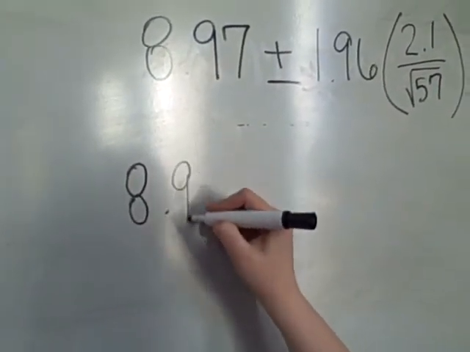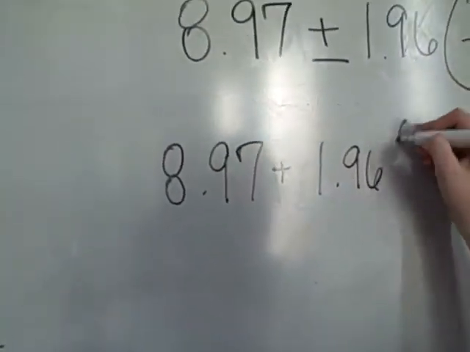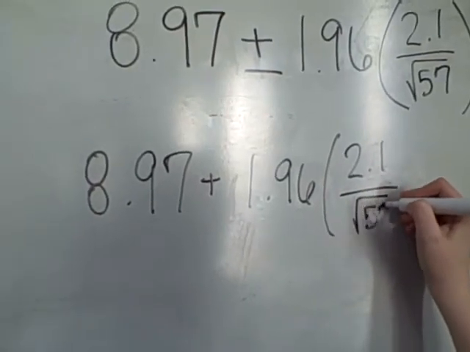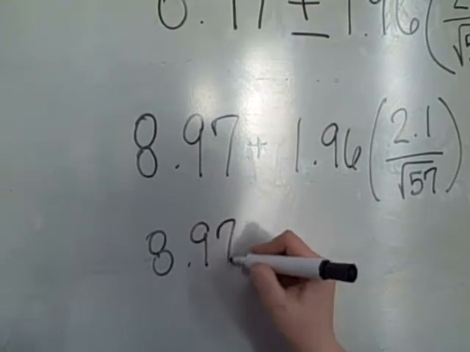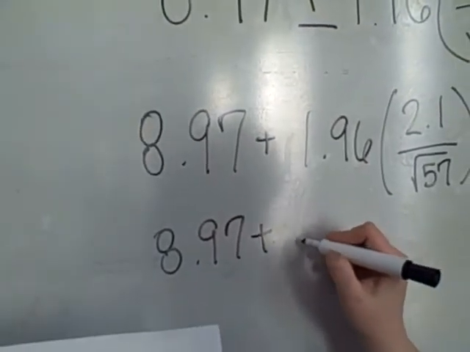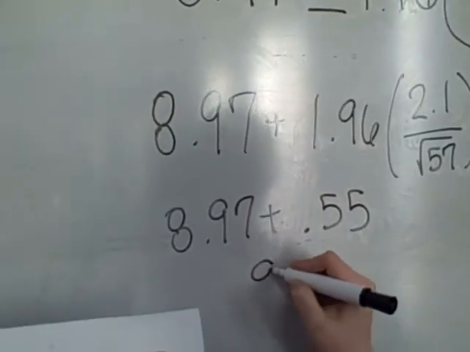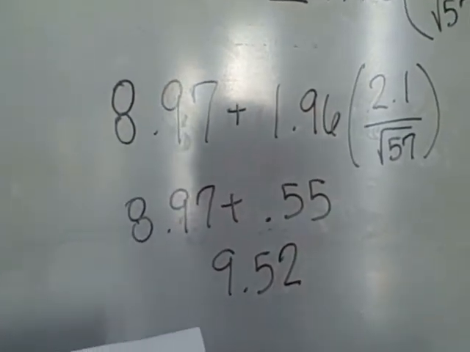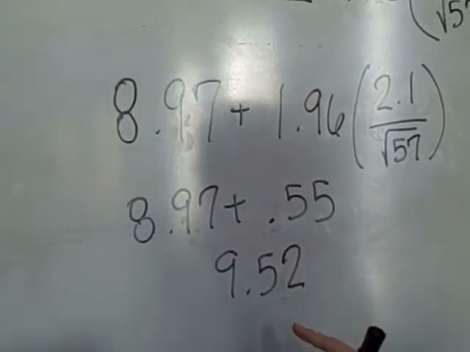This value falls in between 2.57 and 2.58, so the halfway mark is 2.575. So the upper end of the confidence interval is going to be 9.52.